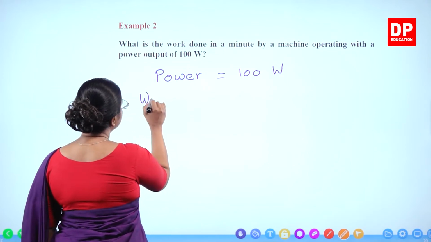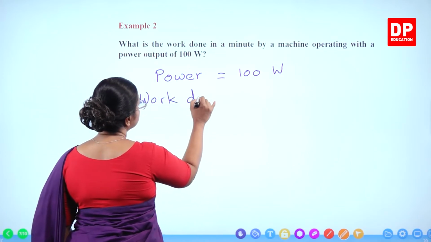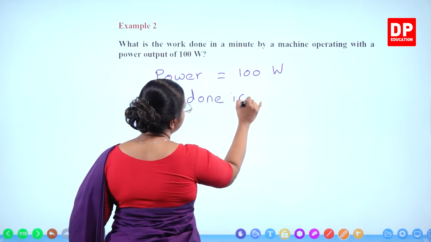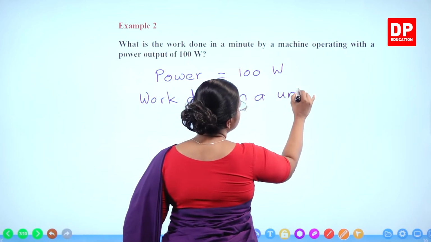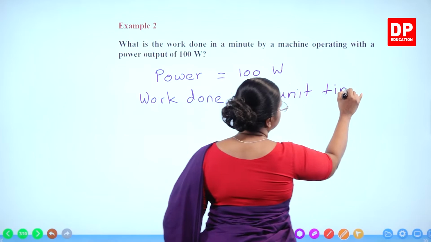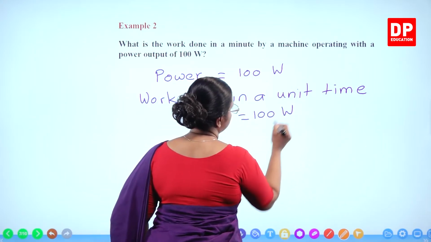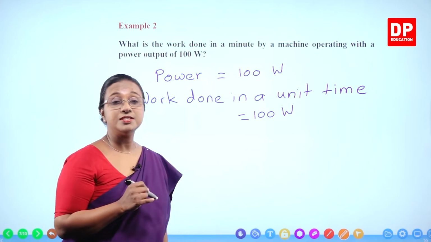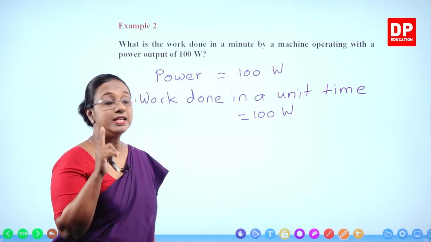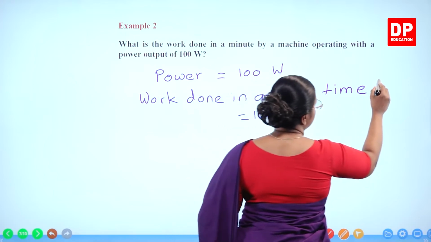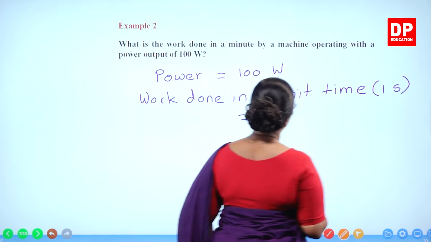So work done in a unit time is equal to 100 watts. When we say unit time, what is the unit time here? Work done in 1 second. So here this is 1 second.